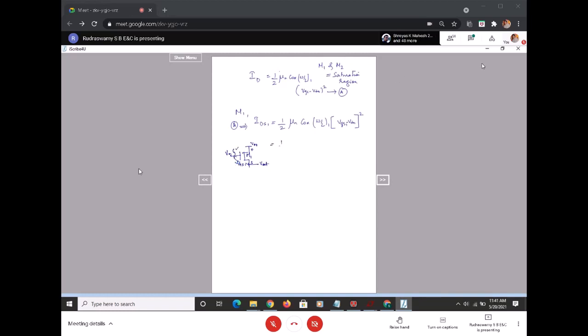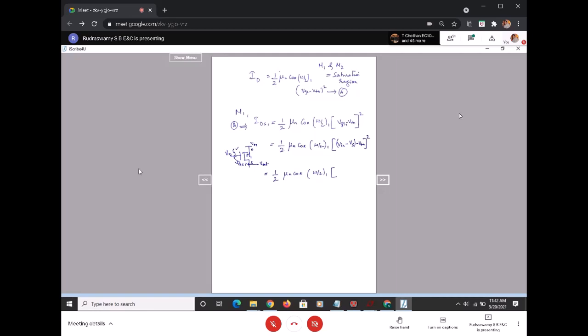I can write this as half times mu n Cox W by L of 1 into (V in minus Vs minus VTH) square. I am just replacing VGS1 by V in minus Vs.